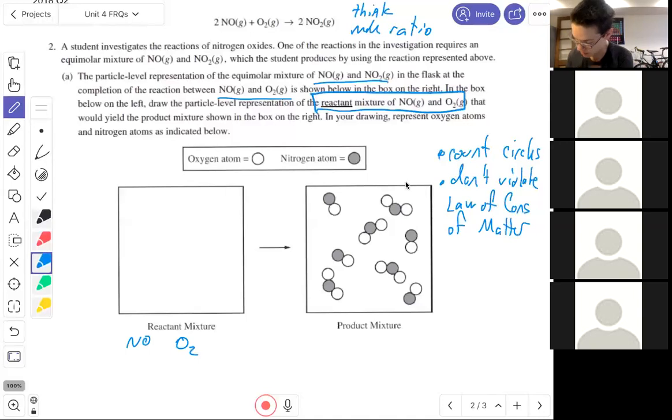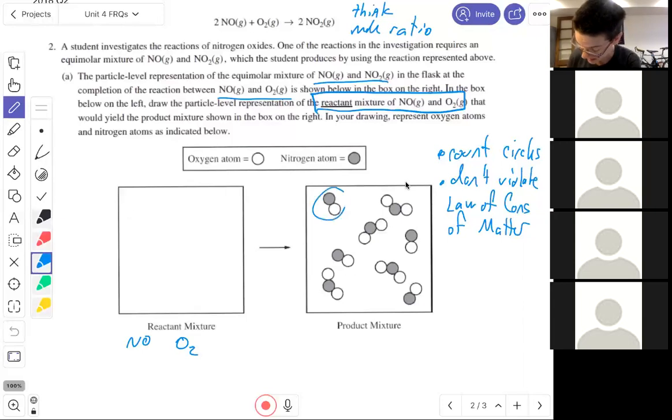So you should notice that I already have some NO in my product side that must have just been left over. You have NOs left over, which means you should just immediately redraw those on the left, because nothing happened to them.